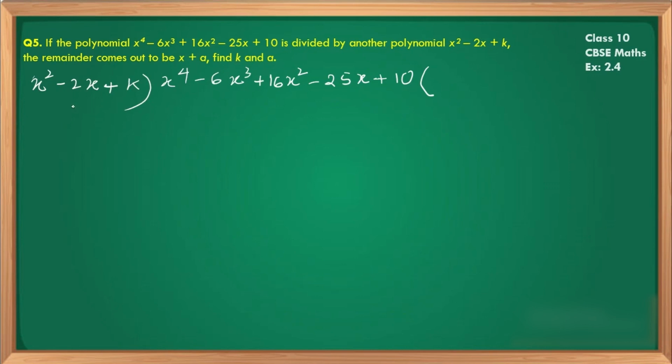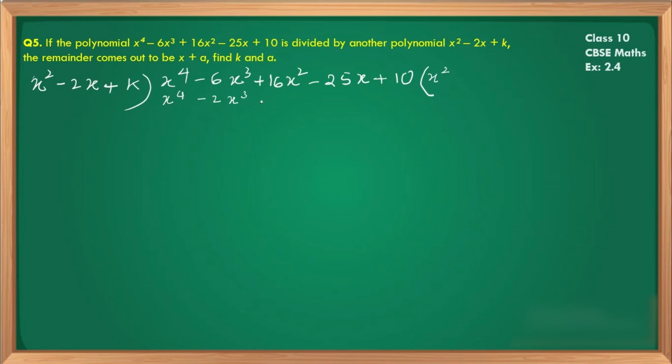Now we'll start dividing. x square should be multiplied with another x square to get x to the power 4. Further multiplication: x square times minus 2x gives you minus 2x cube. Now x square times k gives you kx square.